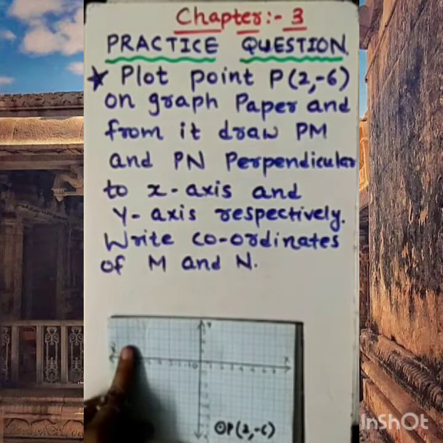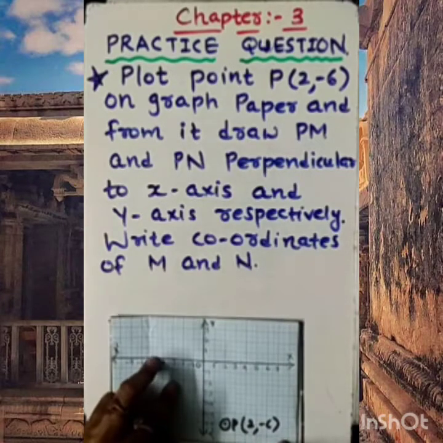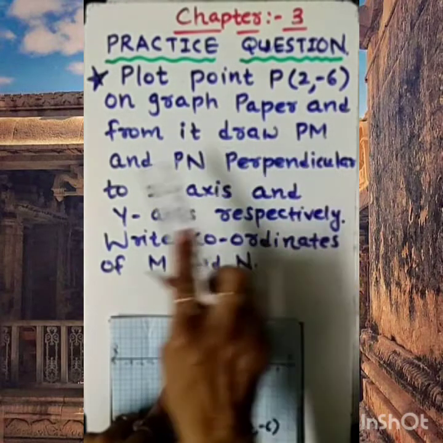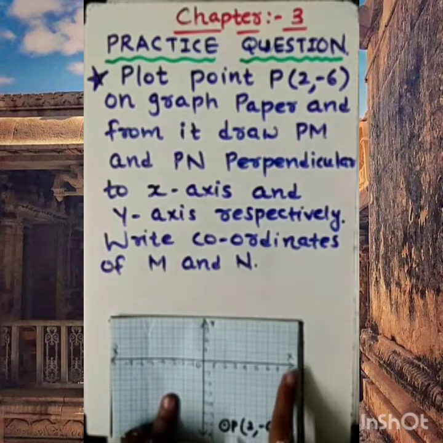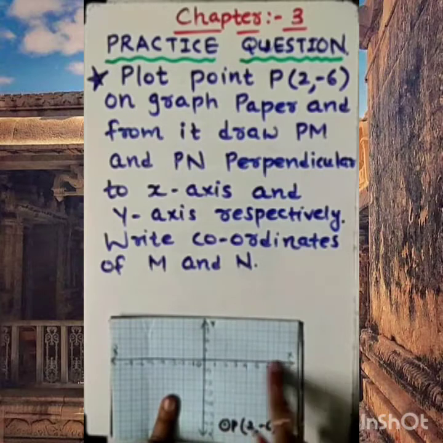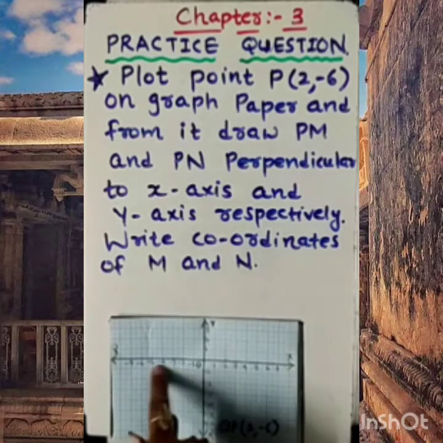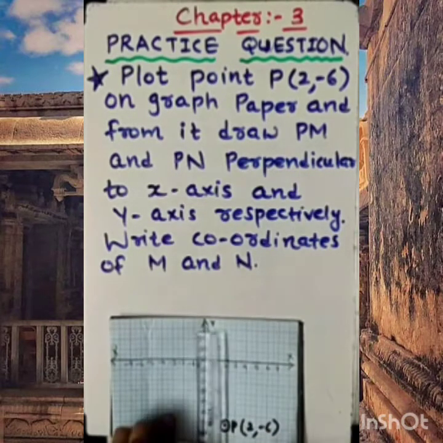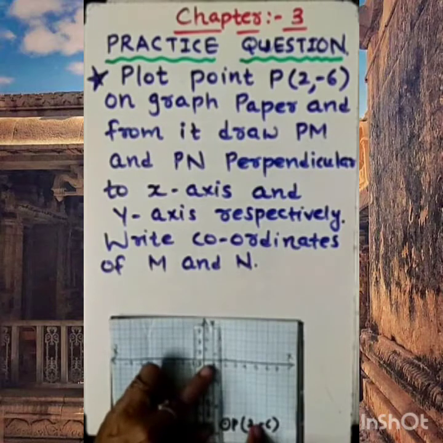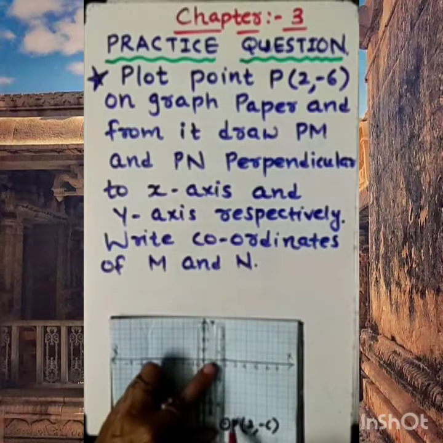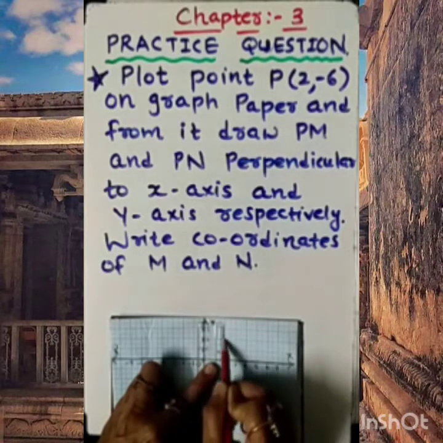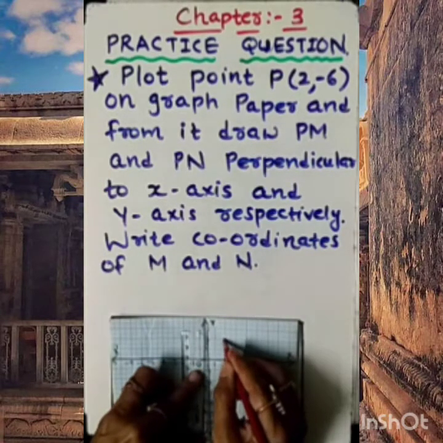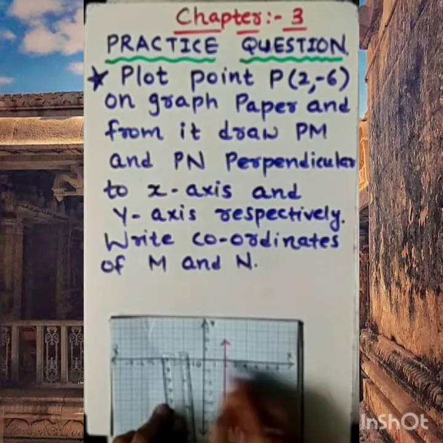Now, my dear student, first of all, what we have to do? We have to draw PM perpendicular to x-axis. Now, which is our x-axis? This is x-axis, agree? This line is x-axis. Now, if I draw one line passing from this P point, then of course it will be perpendicular to x-axis.